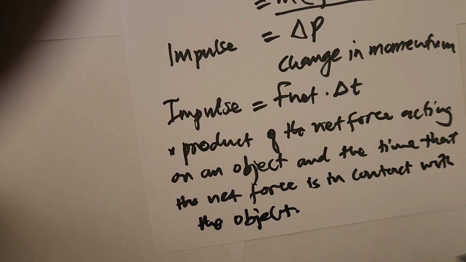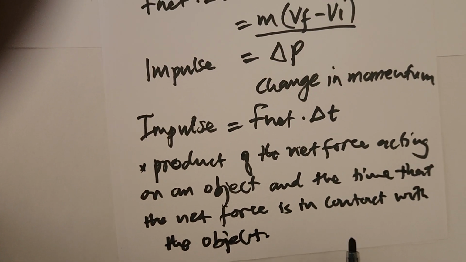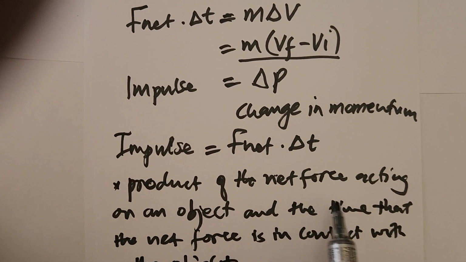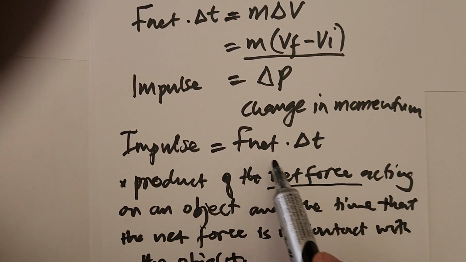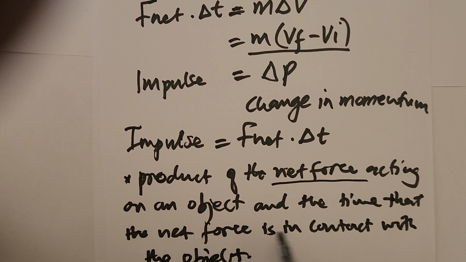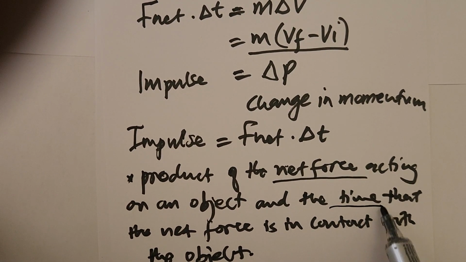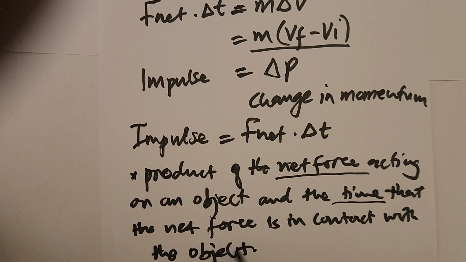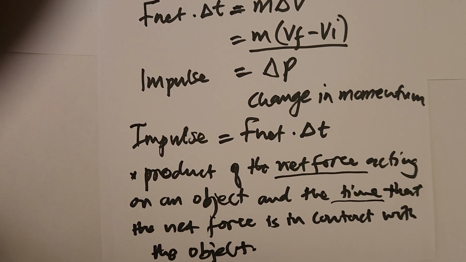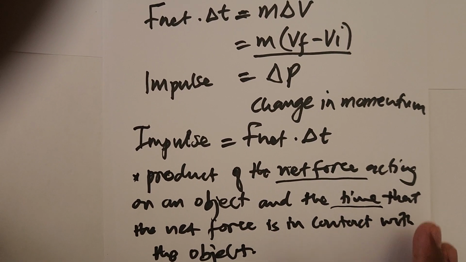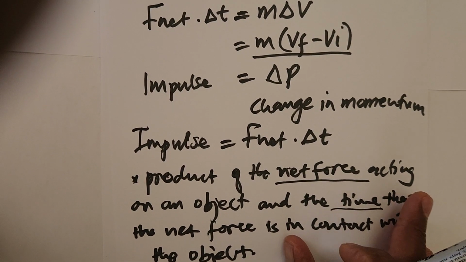So impulse becomes the product of a net force acting on an object, which is your F net, and the time delta t it takes while acting, or the time that the net force is in contact with the object. That will be the definition of impulse.